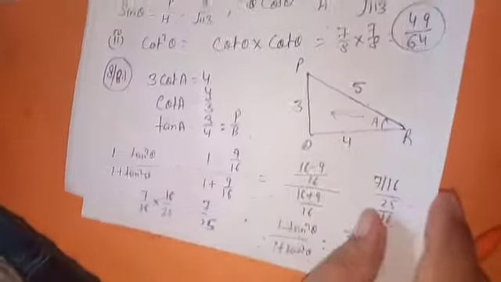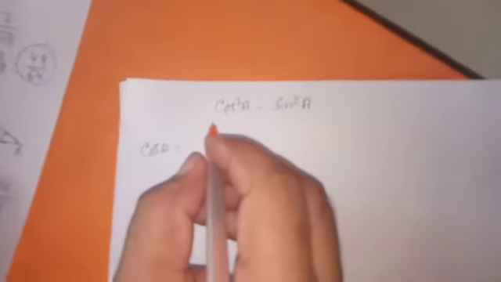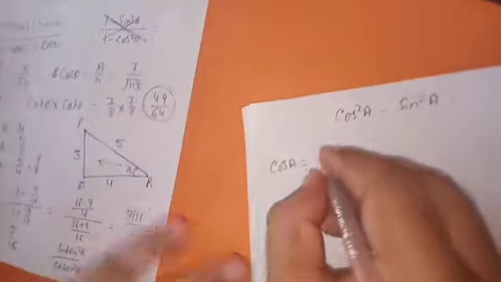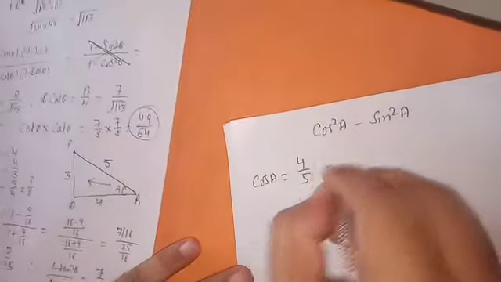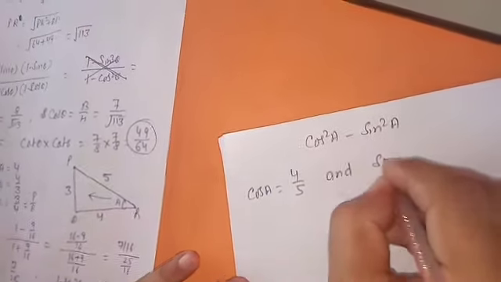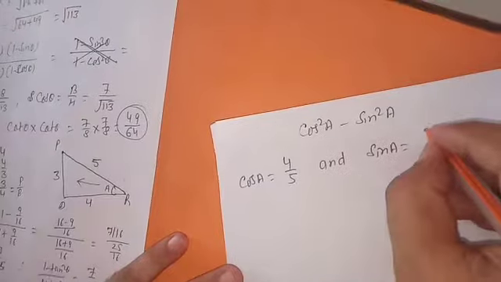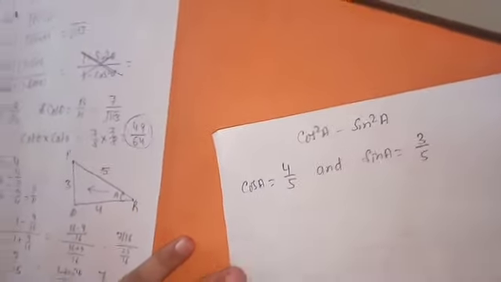Now find the value of the other part, which is given in question number 8: cos square A minus sin square A. First find cos A and sin A. Cos of A is base by hypotenuse, 4 by 5, and sin of A is perpendicular by hypotenuse.